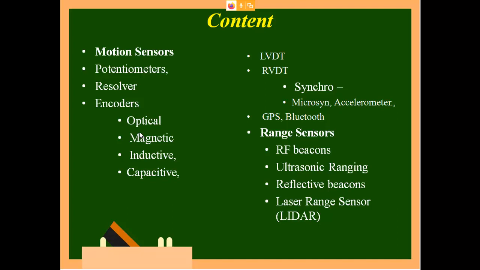So to identify the position of the rotor, I will place a sensor and go only for magnetic. I cannot go for optical because either the stator or rotor will already be in a magnetic condition, so based upon that I can identify the position. Similarly, inductive and capacitive is where you have some field effects. So there are different types of encoders.